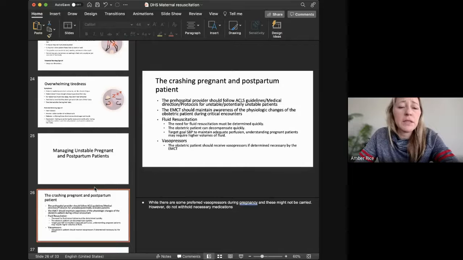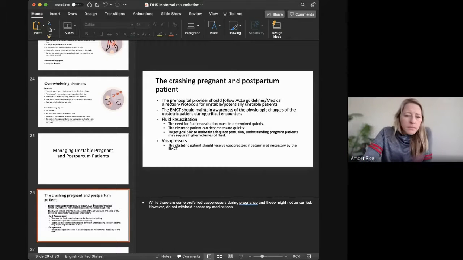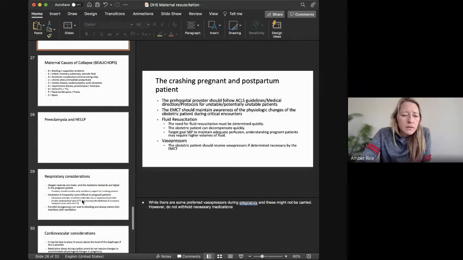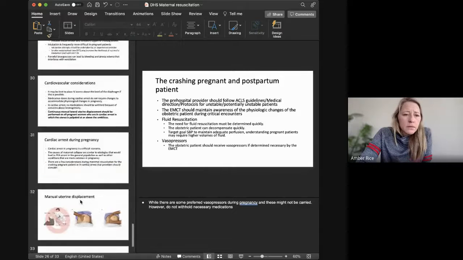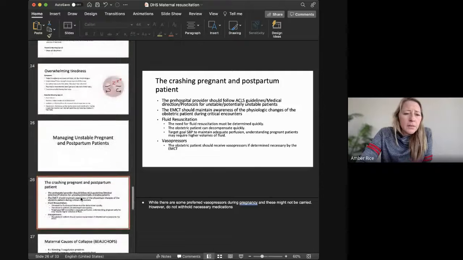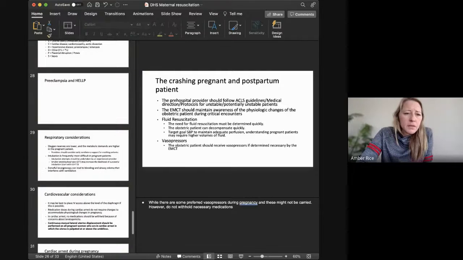Okay. Anything else that we need a slide to define or explain a little bit more besides the preeclampsia? Do we need to describe any of these other things in the BOCHOPS?